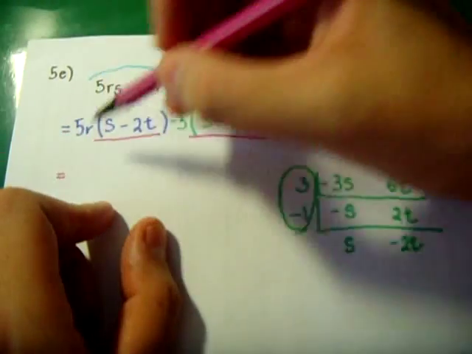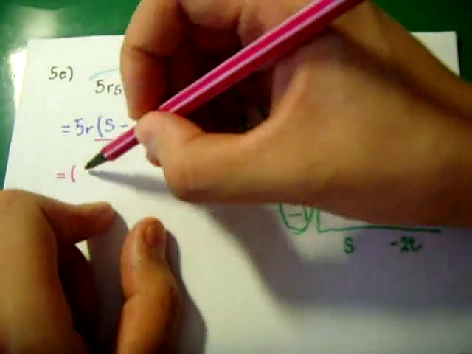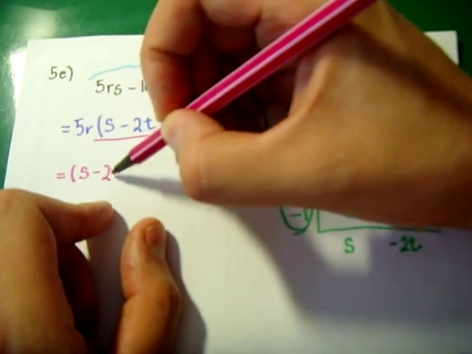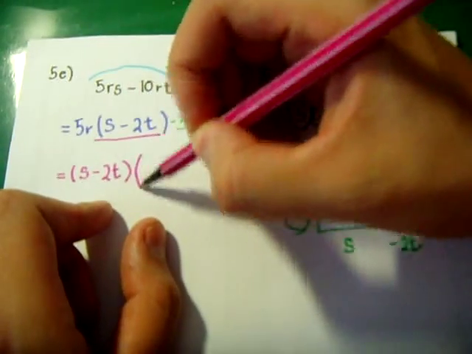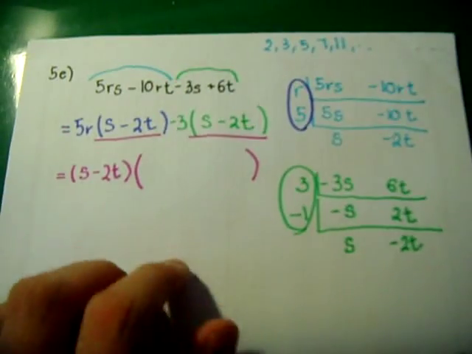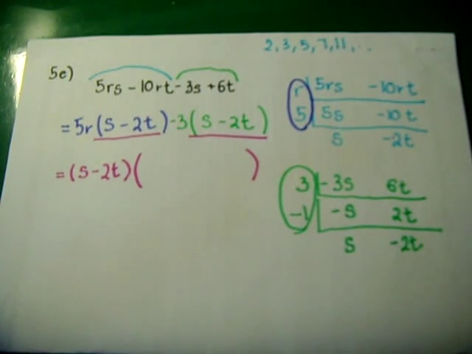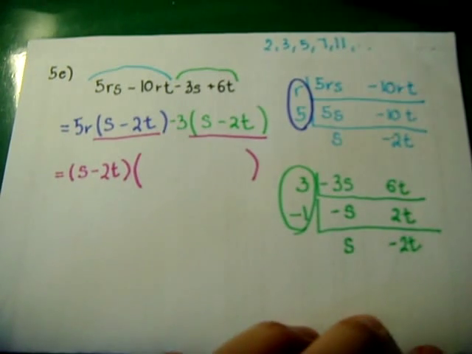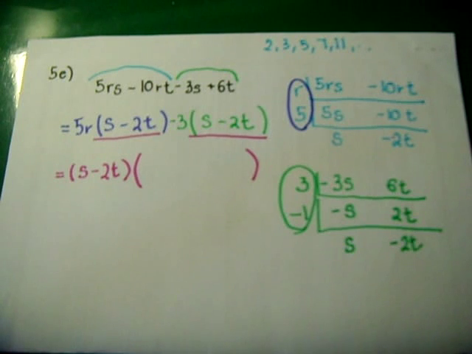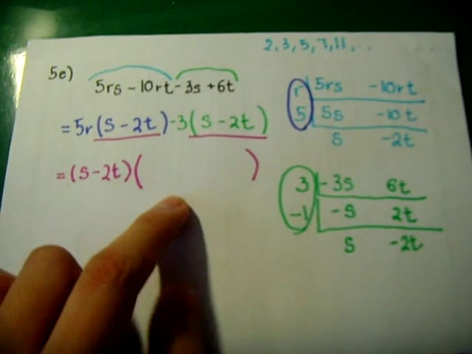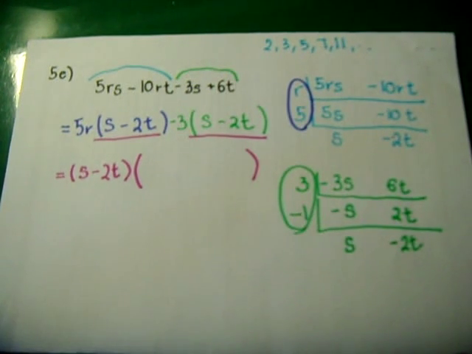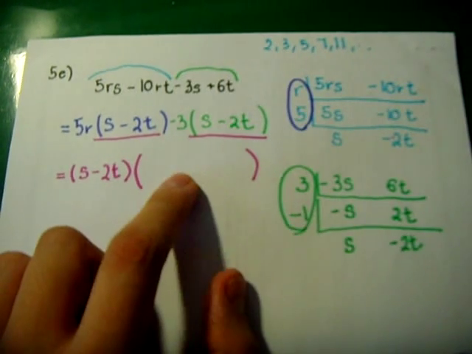I can take out my common factor first, s minus 2t, and then a big bracket. This is how I always do factorization: I write the common factor in front, followed by a big bracket. Then I check to see what I should fill in inside this bracket.